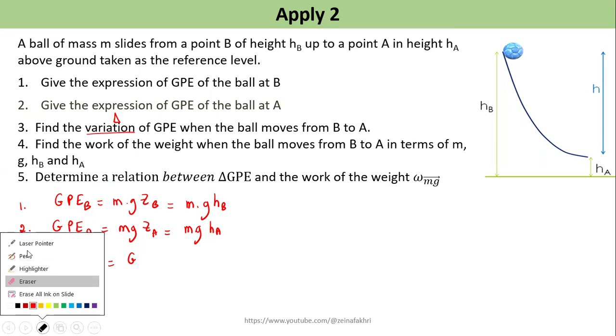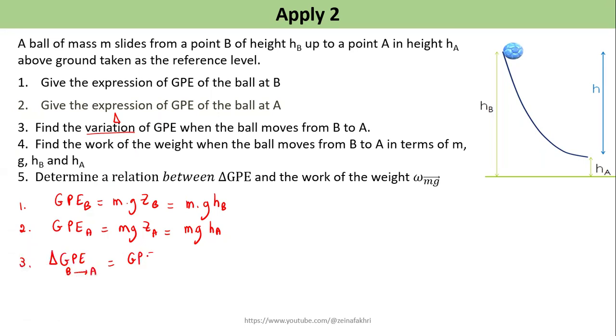The final point is A, so it's GPE at A minus GPE initial, which is B. So it's equal to mg height A minus mg height B, which will become mg times height A minus height B if you take the common factor.